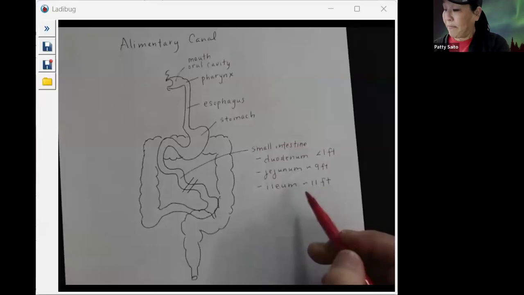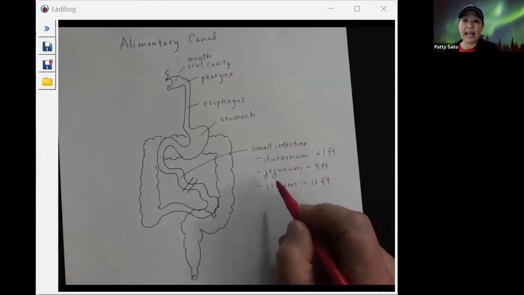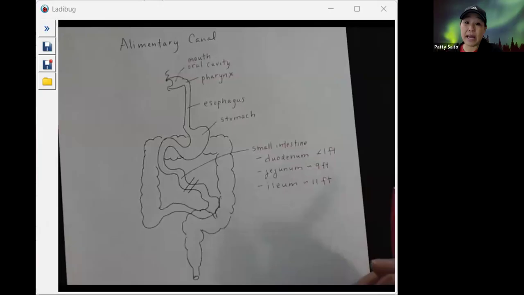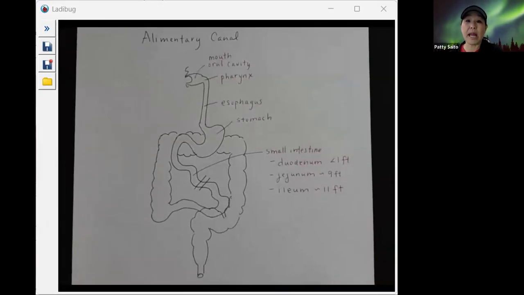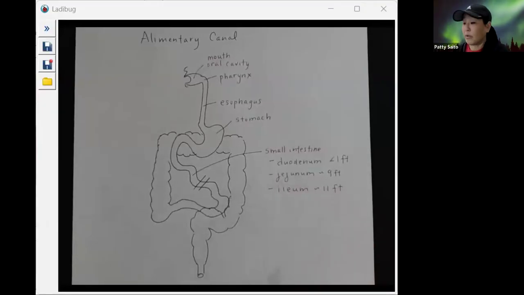Notice the ileum, I-L-E-U-M, and I stress this a lot in all my classes, that spelling matters, okay? As you're taking this class, really do your best in making sure your spelling is precise, all right? Because for the most part, it's not going to make a difference in somebody's life, but there are places where it might, right?